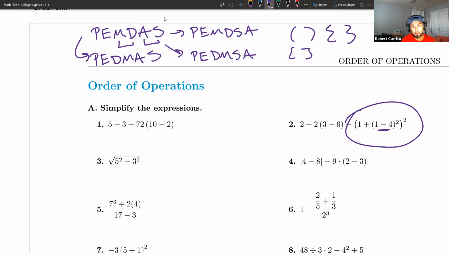We would work the innermost, then we would do the exponent, and then we work the outermost, and then we do the exponent, and then we'd work these parentheses. So it's a work in progress. All right, cool. So all of these braces, brackets, parentheses, even the absolute value symbols and the square root, these can all be under the parentheses group for PEMDAS.